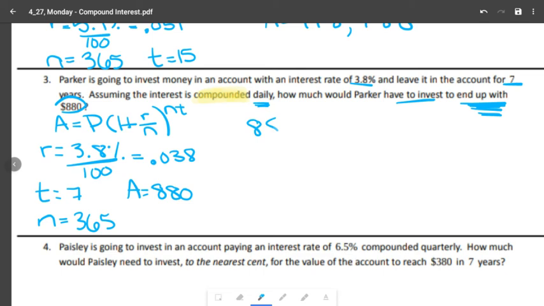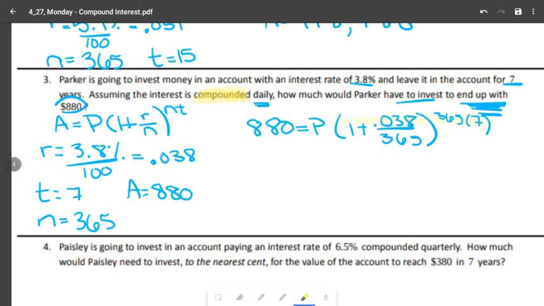So plugging in carefully. Plugging in all the information we have. We're going to take this big parenthesis and exponent, plug it into the calculator by itself without the 880.